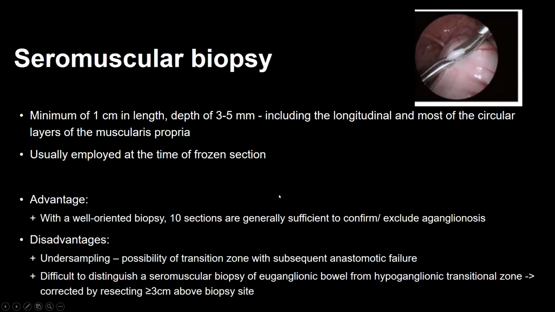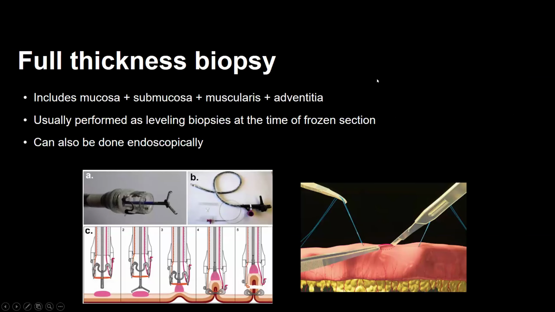And of course, it can be difficult to distinguish a seromuscular biopsy of a euganglionic from hypoganglionic transition zone, like I was saying. But typically, the surgeons correct this by resecting about 3 centimeters or more above the biopsy site. I have seen surgeons go 5 centimeters above the biopsy site to make sure that they're not in a transition zone.